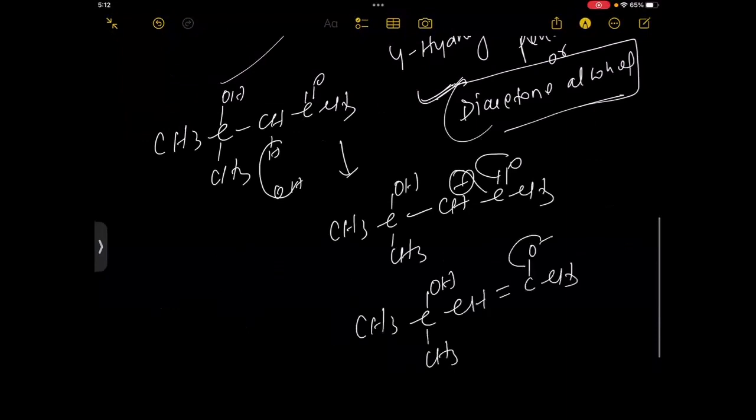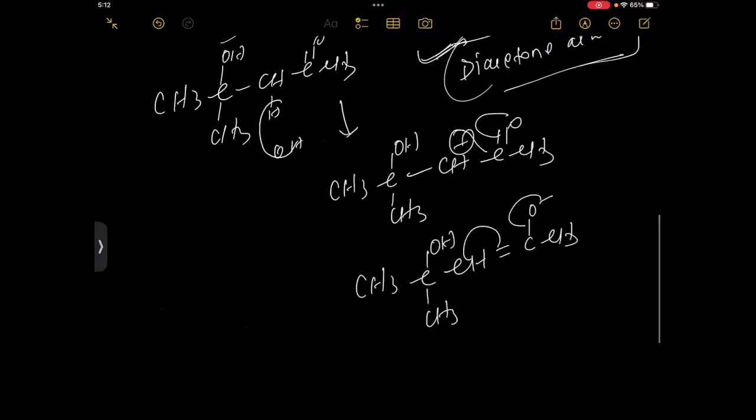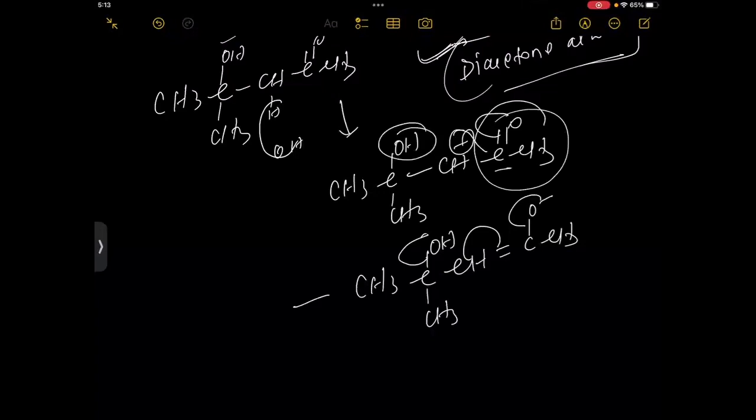Now it will come here, and then OH will leave the position. In this ketonic group, OH is a good nucleophile, but due to this compound it will act as a better leaving group. So what will happen? That will form CH3 CH3 C double bond CH C double bond O CH3.